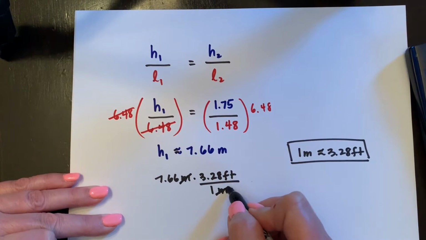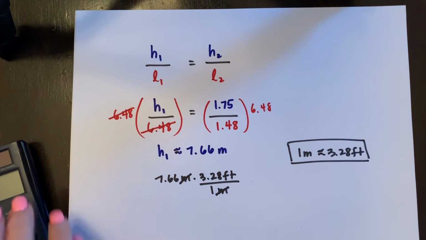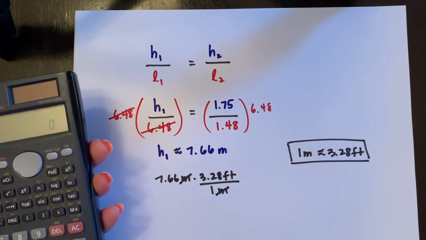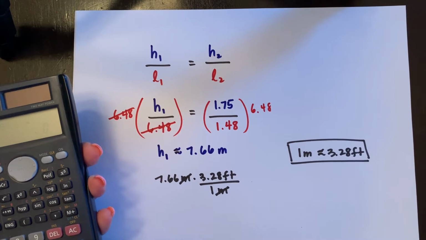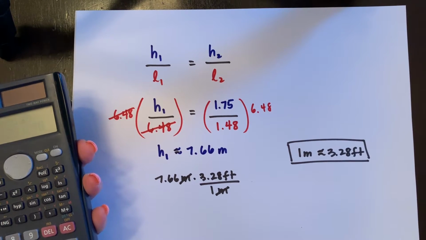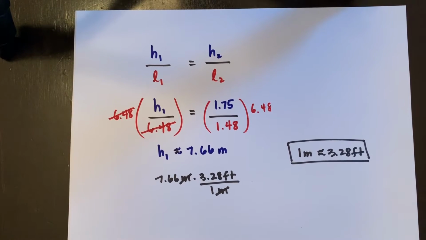My meters will cancel off, and so I can see that my height is going to be 7.66 times 3.28, or about 25.12 feet.